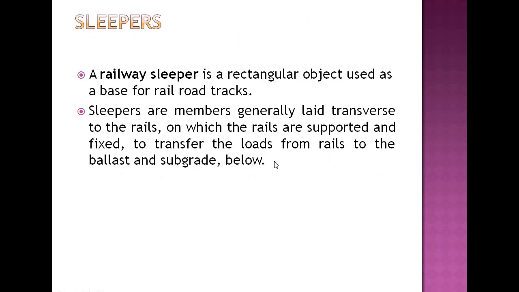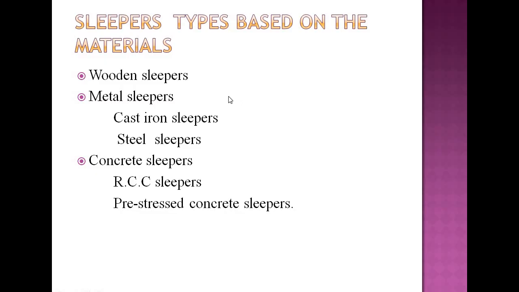The next component is sleepers. A railway sleeper is a rectangular object used as a base for railroad tracks. Sleepers are members generally laid transverse to the rails, on which the rails are supported and fixed. From that, it transfers the loads to the ballast and subgrade. We have different types of sleepers.